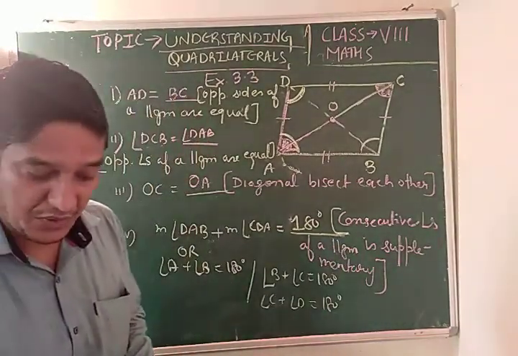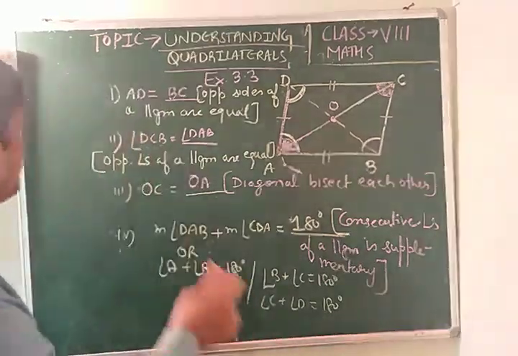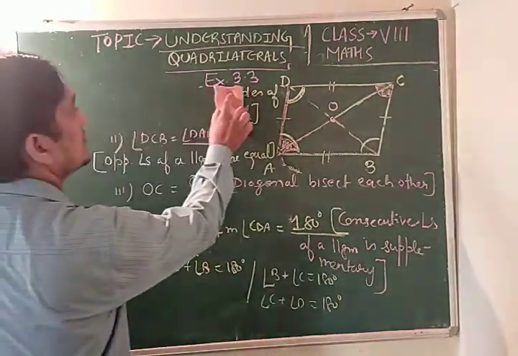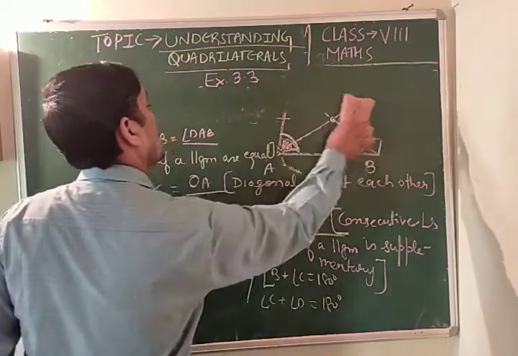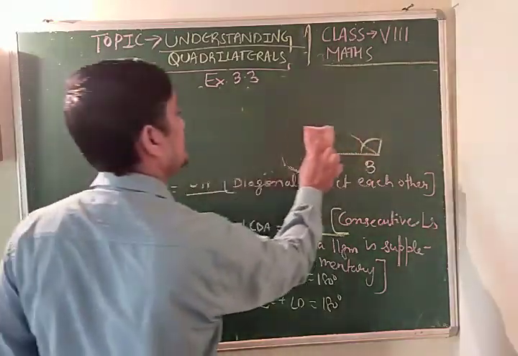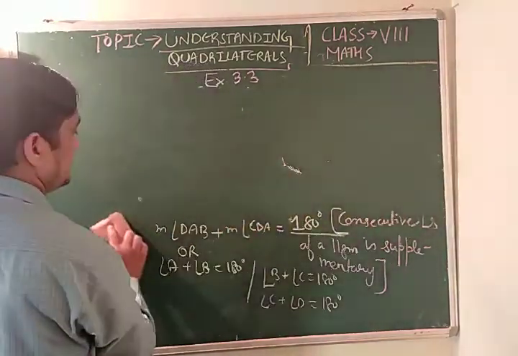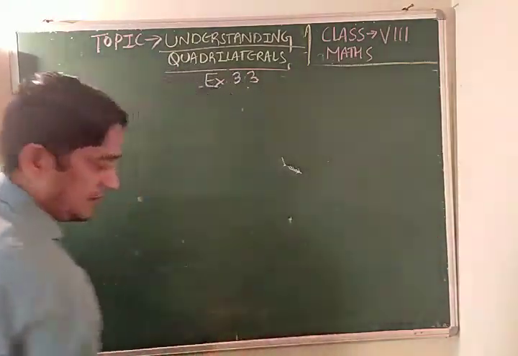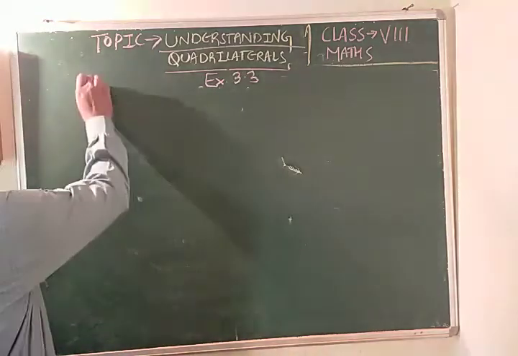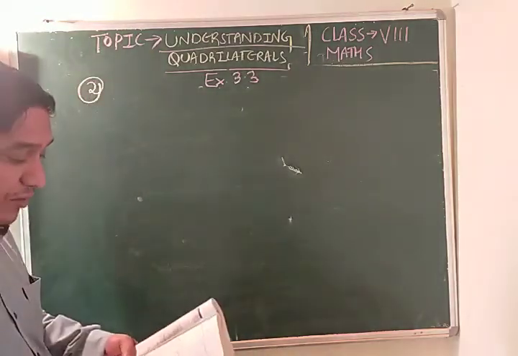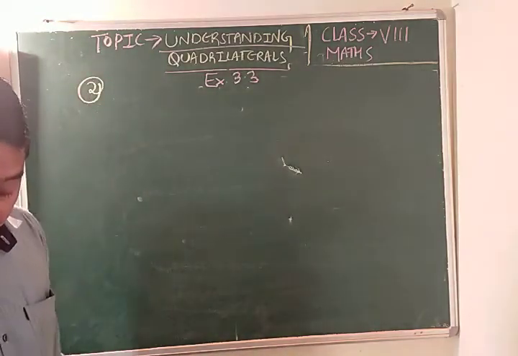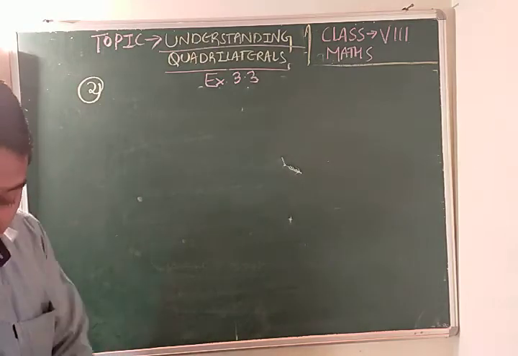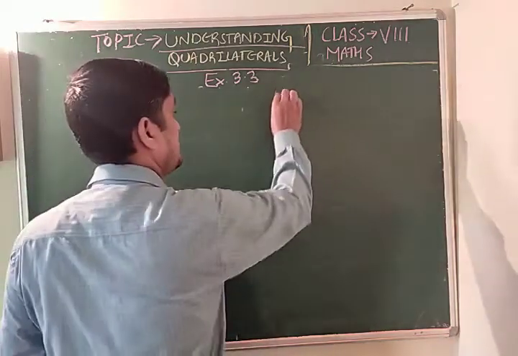Now the next is question number 2. What we have to do in question number 2, listen children. Consider the following parallelogram. This is a parallelogram given.